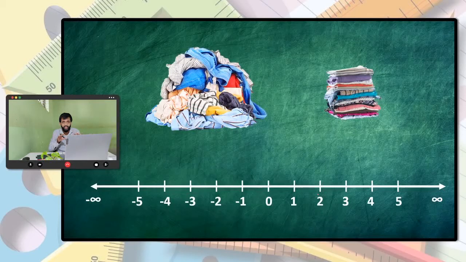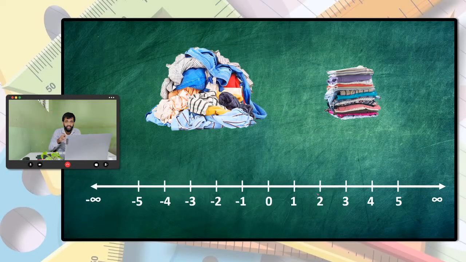On a number line they would look something like this. Now, we know that 1 is smaller than 2, and as you go towards the right, the numbers keep increasing, right? 1 is smaller, 2 is slightly bigger, 3 is slightly bigger still, and so on. So the infinity number is going to be the biggest. The same way on the left-hand side: minus 5 is smaller, minus 4 is slightly bigger, minus 3 is bigger than that, and then minus 2 and minus 1.